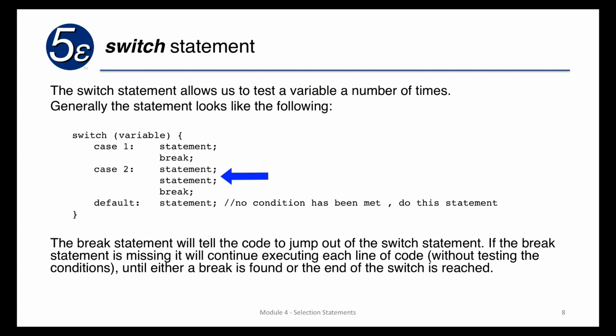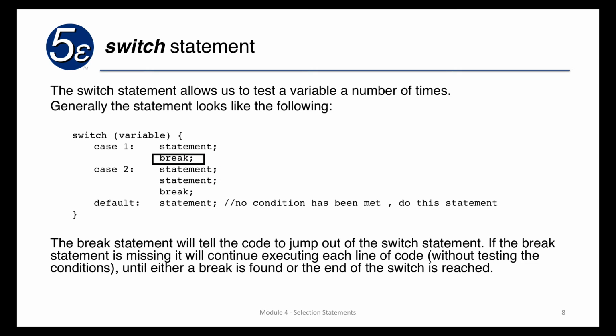In the case of case 2, here we have statement and then a break. Both of them have the break statement. What that basically means is that when it executes the statement, the break will take the execution outside of the switch. If the break was not there and the variable was equal to 1, it will execute all of the statements in a row until it reaches the end of the switch or it reaches the corresponding break.